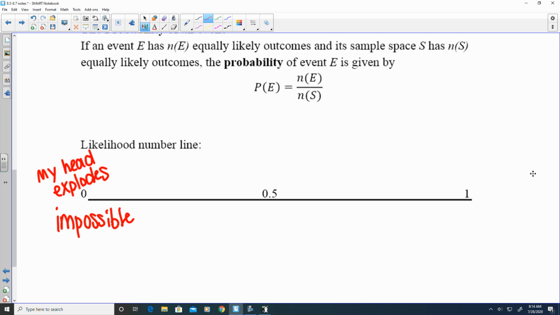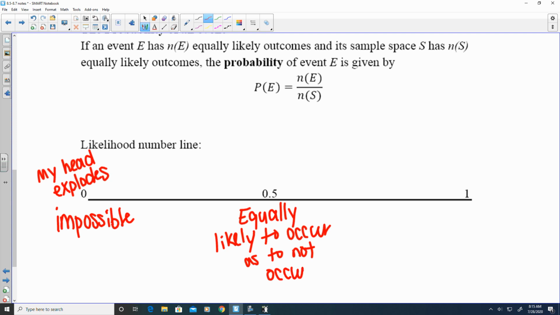Moving down to the right, the halfway point is 0.5, or that's where you hear 50-50, so that's equally likely to occur as not. And often something that has a 50-50 chance would be flipping heads on a coin.